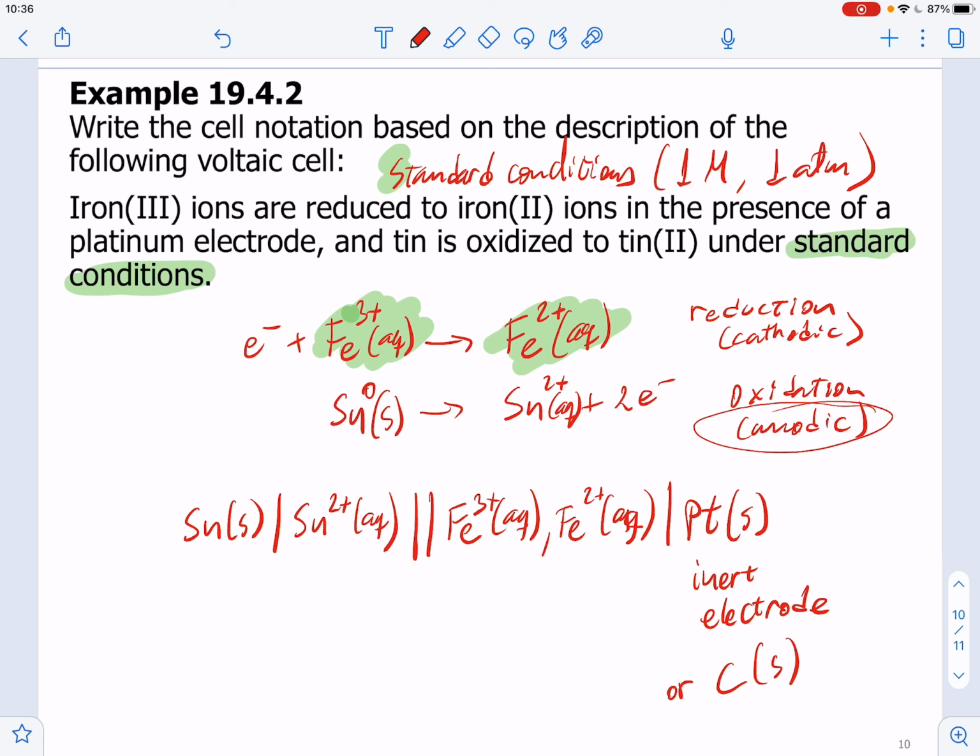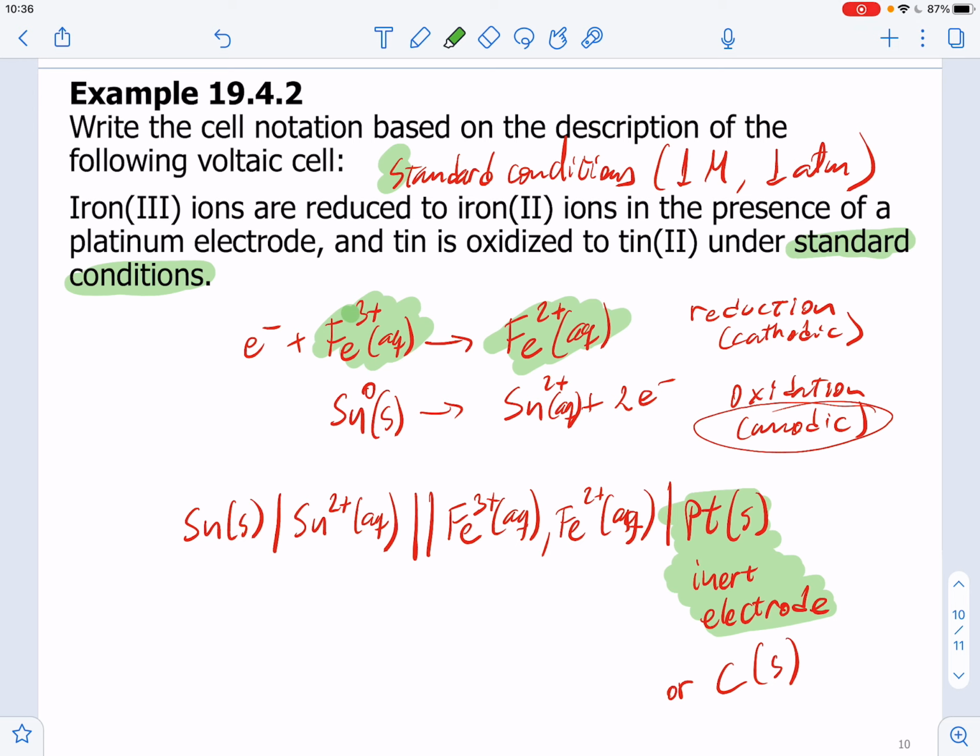Okay, so in this case, you just add this inert electrode to complete your circuit, because you need a surface in where to transfer the electrons. So you need an electrode, no matter what. Even if a solid metal is not involved in the reaction, you still need a surface in which to transfer the electrons.